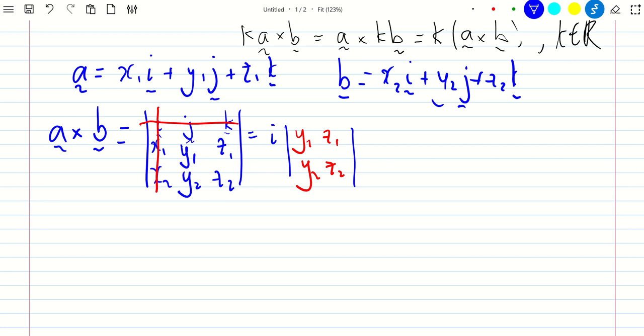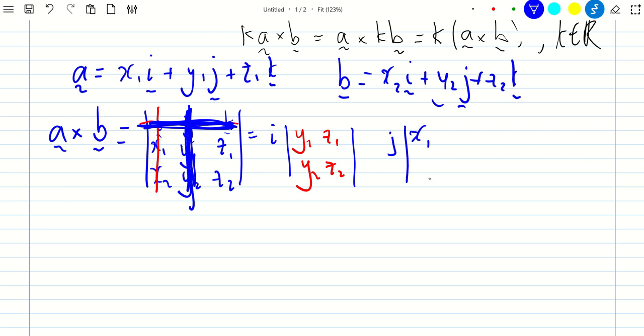And then you do the same with j. If you draw a line down the j, so you scribble out that, and then you scribble out the column and the row that it's in, and you write down what's left over, then what will be left over there?